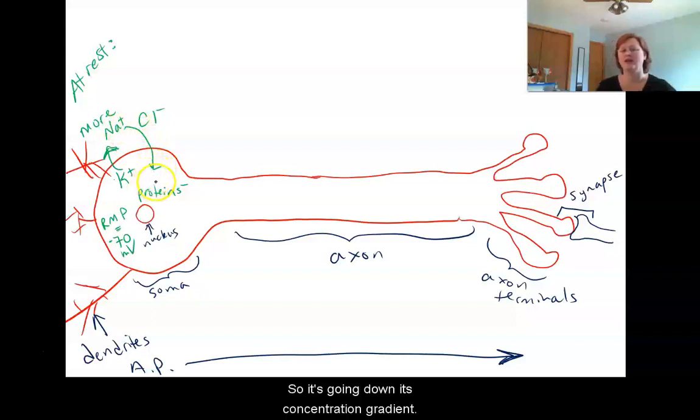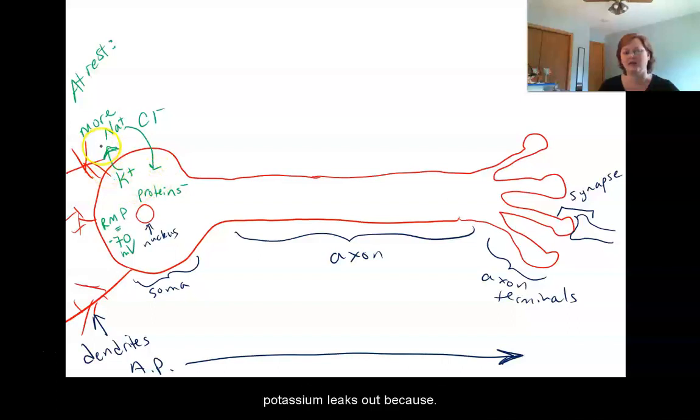Okay, so it's going down its concentration gradient. Now, the sodium is going to leak in faster than my potassium leaks out because it is diffusing down its gradient and it is attracted to this negative resting membrane potential inside. So it's going to come in a little bit faster.